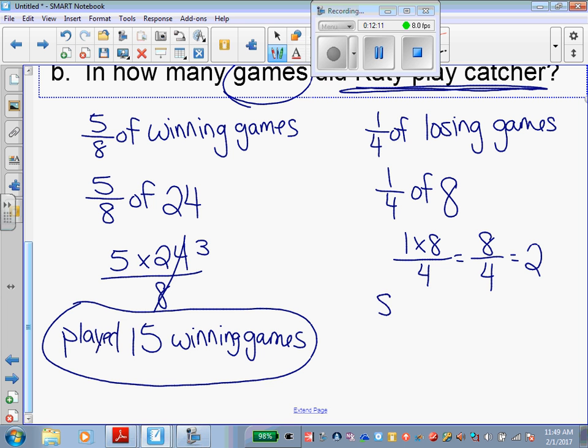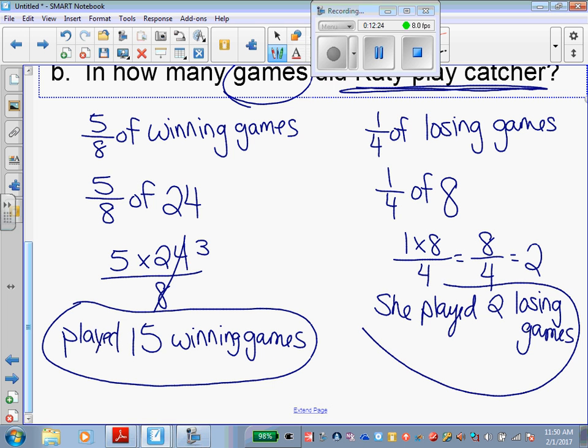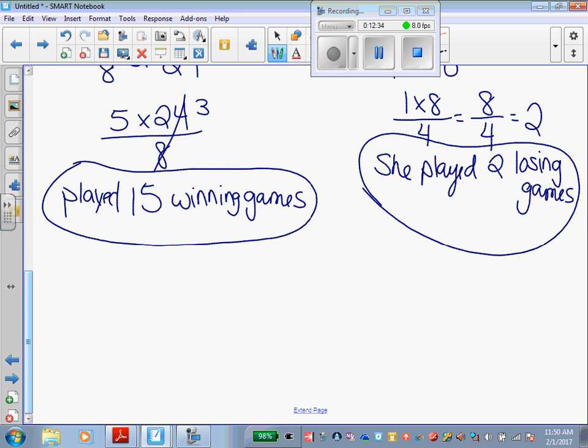So she played in 2 losing games. Am I done now? No. But you gotta add those extra games. You have to add the 15 plus the 2.